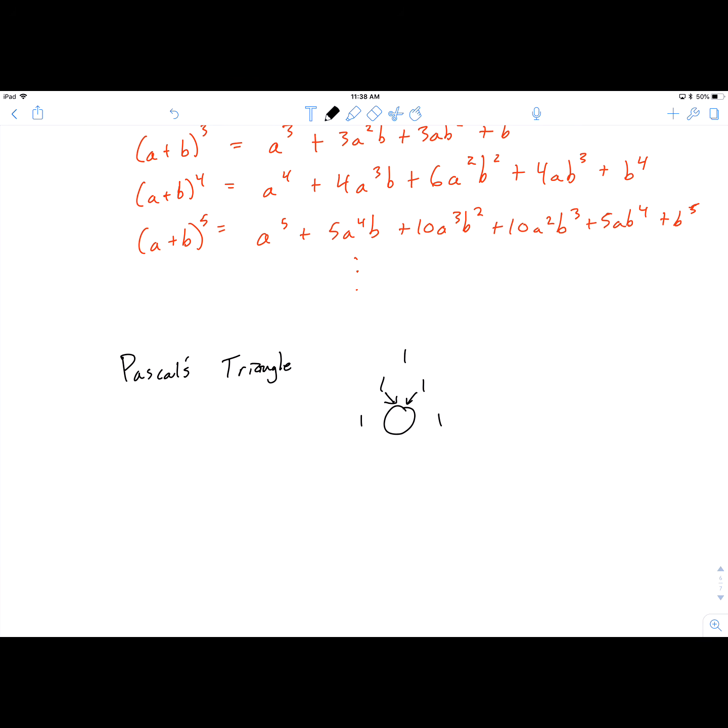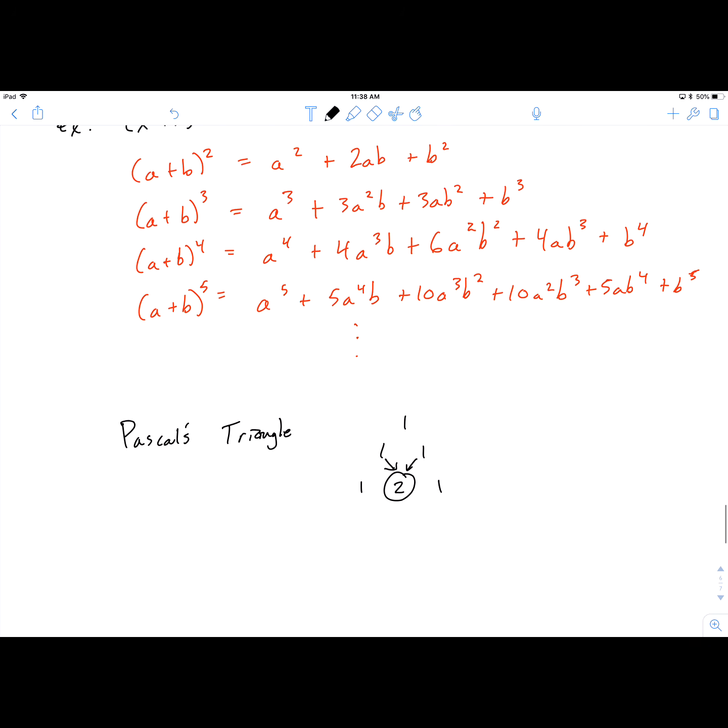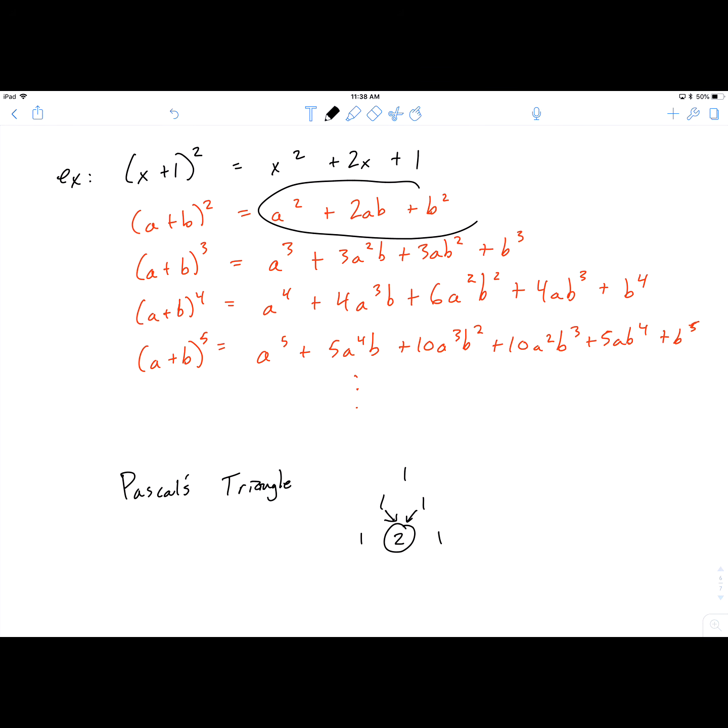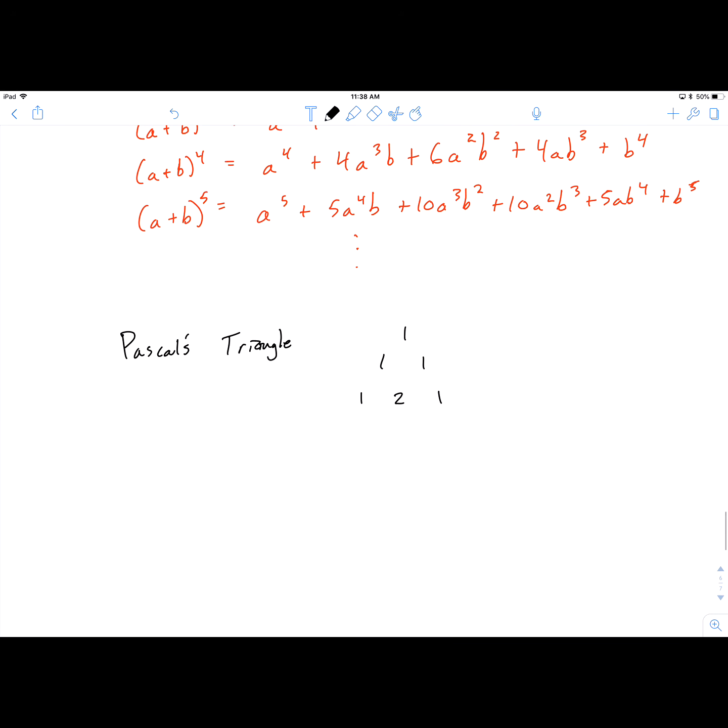So for any entry here, you take the number up and to the left and the number up and to the right and add those together. Notice that what you get is the coefficients of this binomial expansion. If we build the next row, the outer entries would again be 1.